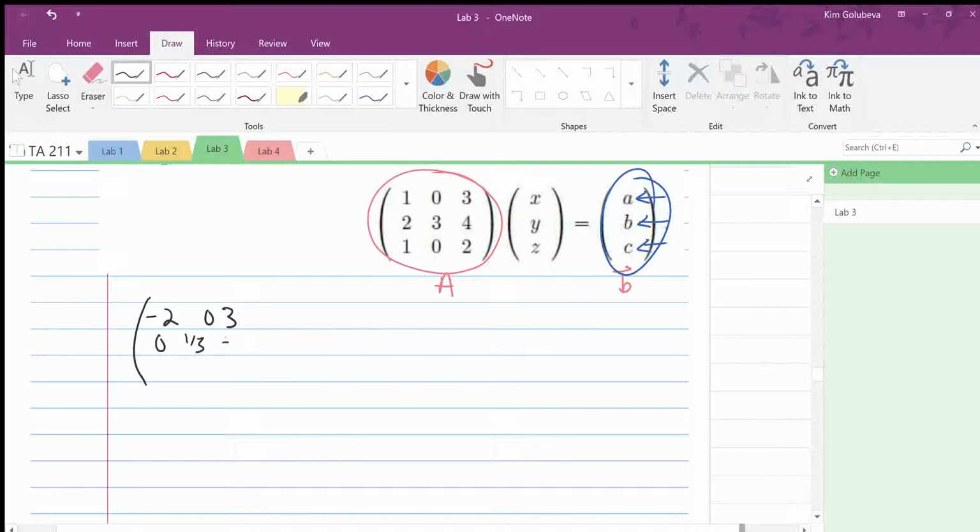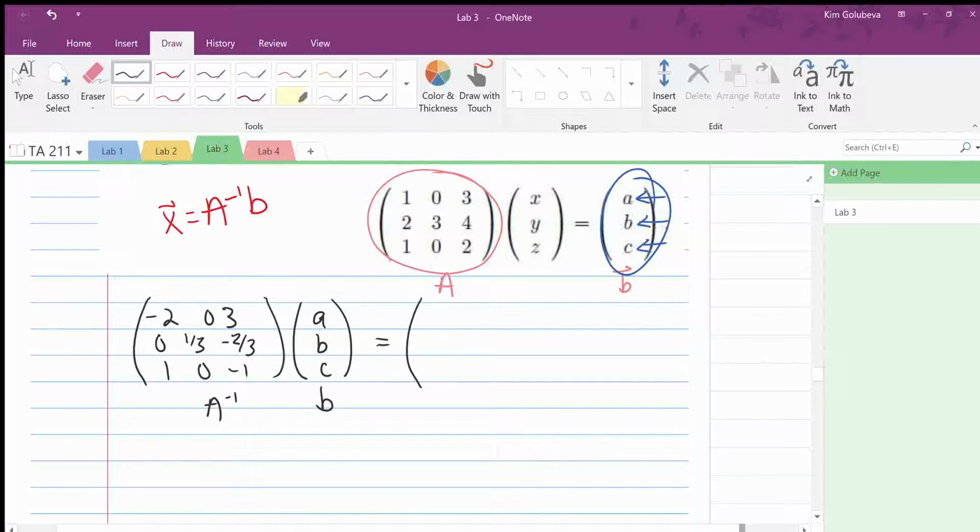We calculated it, and because it's the same A, it's going to be the same A inverse. So this is our A inverse, and we're using the formula X equals A inverse B that we just talked about in the last question. We're multiplying A inverse times our B, and it's giving us our X.